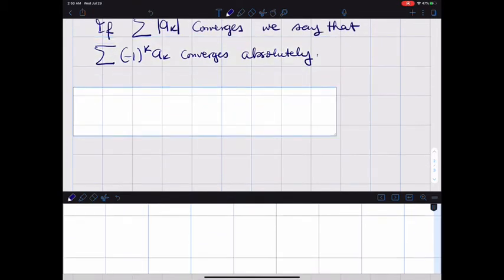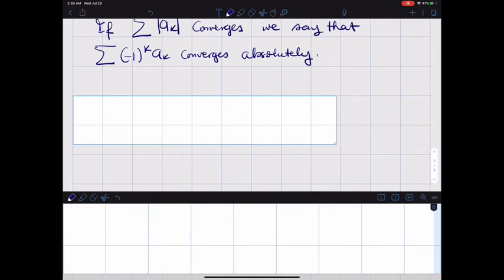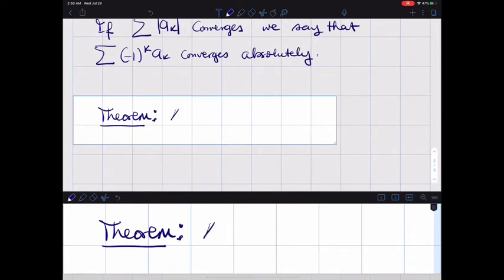So let's have a theorem. Well, let's not give it a name. Forget about the name.